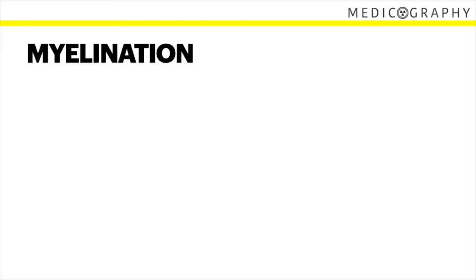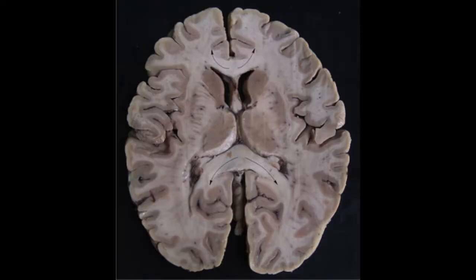First of all, myelination. This is important because how the brain looks represents the myelination in the white matter. So if you remember in med school, why the gray matter is called gray, white matter is called white, because in gross anatomy the white matter is whiter and the gray matter is grayer.